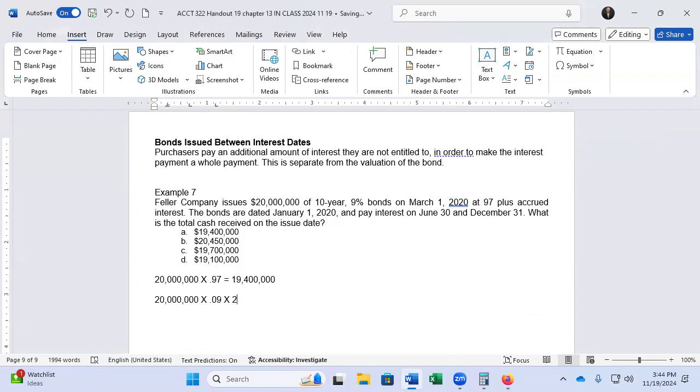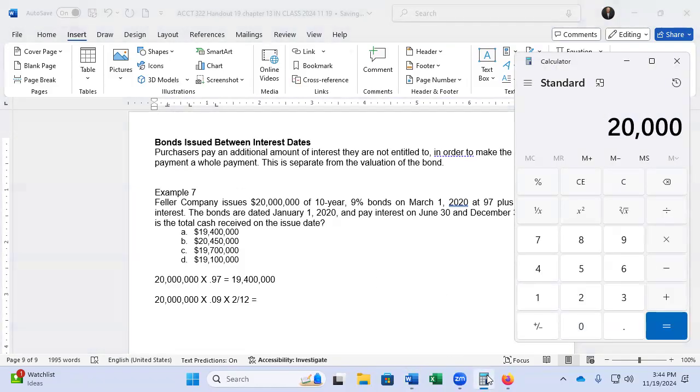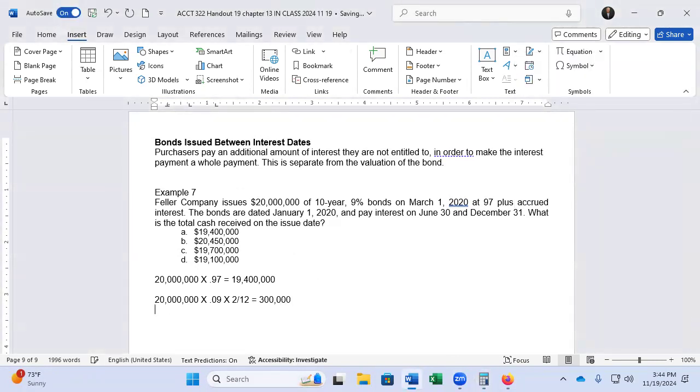And it's 2 months. And so that's 300,000. And so you take the total and you would pay 19,700,000. So it's a pretty substantial chunk. I mean, they've got to front up to buy these bonds, 300,000 in interest.